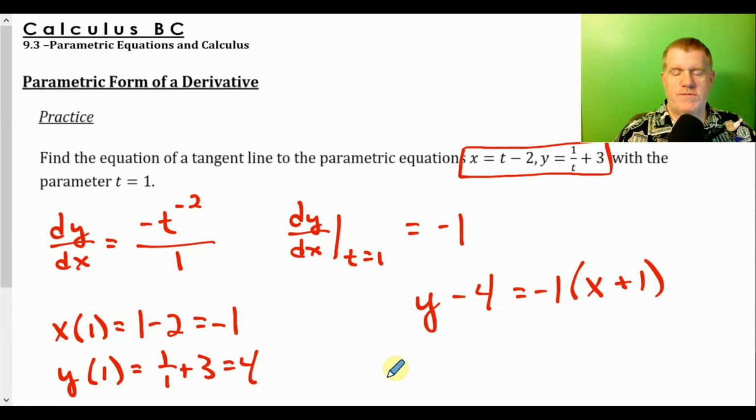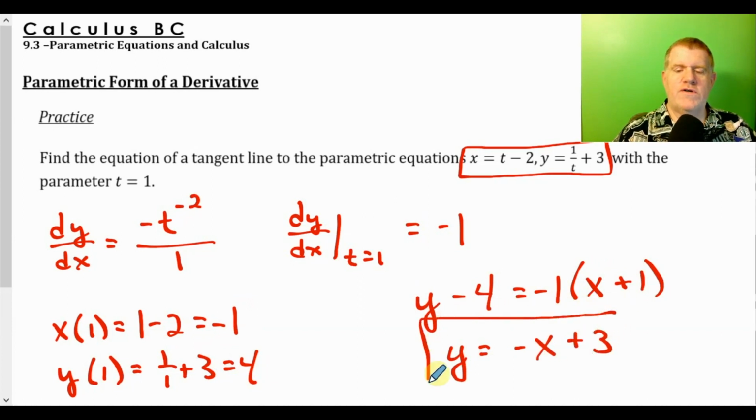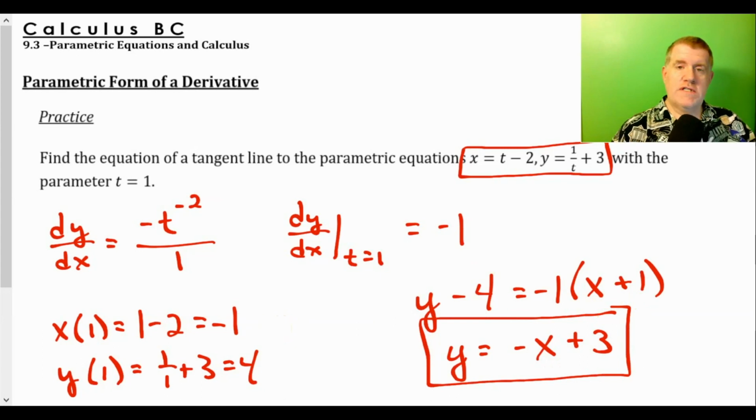So there's the equation of my tangent line in point slope form. But since this one looks pretty easy, we're just going to do that and call that the equation of the tangent line when t equals 1. That's how we do it.